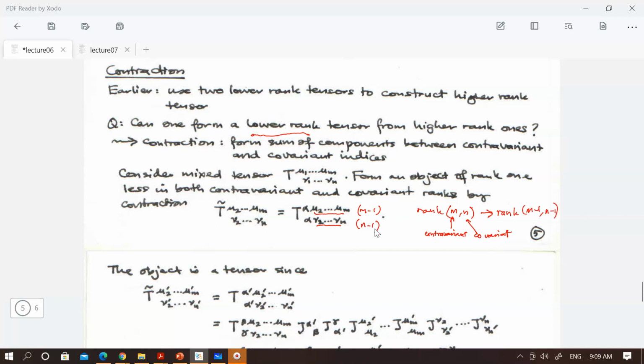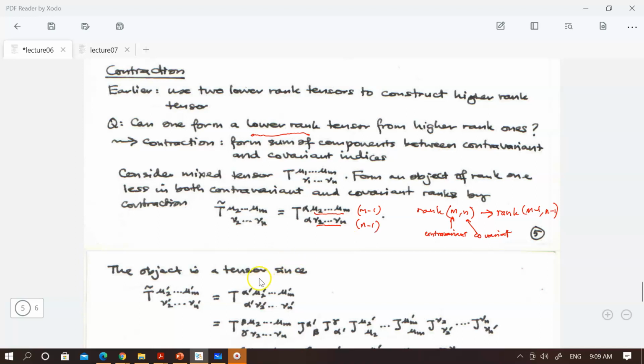Because this is a dummy index, the free indices are just these. Effectively we are creating a new object T tilde with the free indices given by the ones which are not contracted.